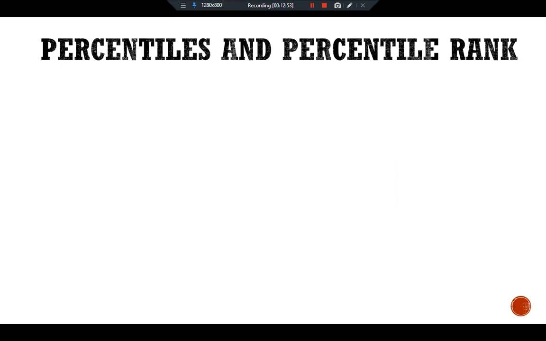Dear scholars, percentiles are summary measures that divide a ranked data set into 100 equal parts. Each ranked data set has 99 percentiles that divide it into 100 equal parts. The data should be ranked in increasing order to compute percentiles.